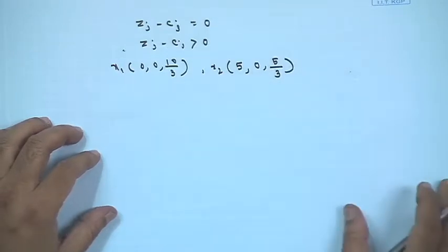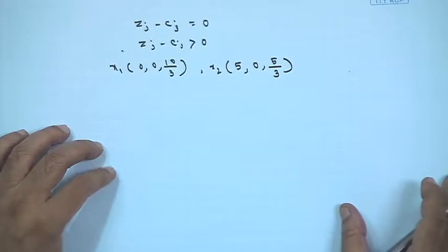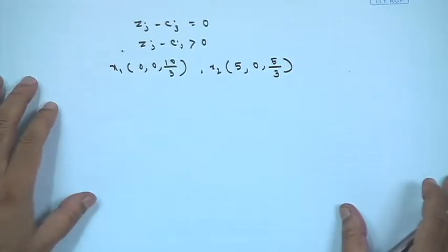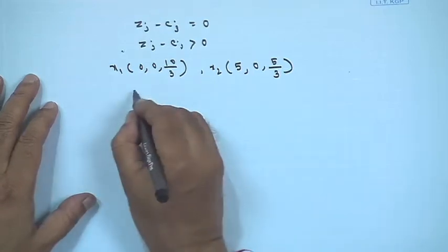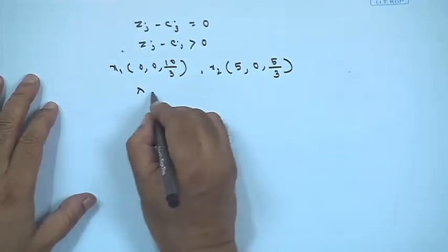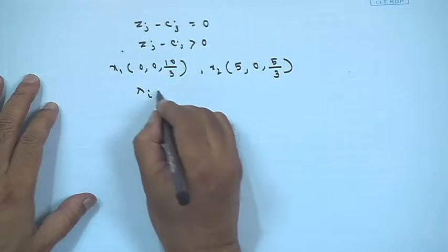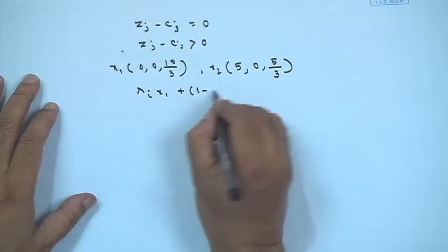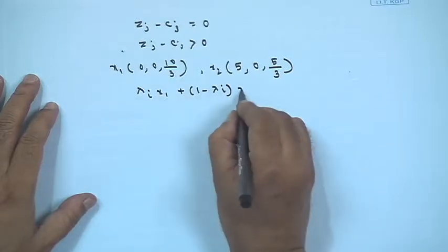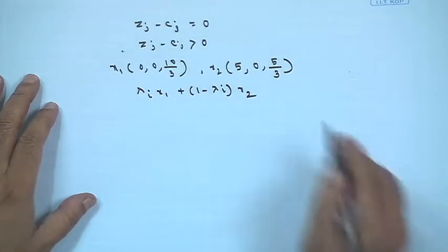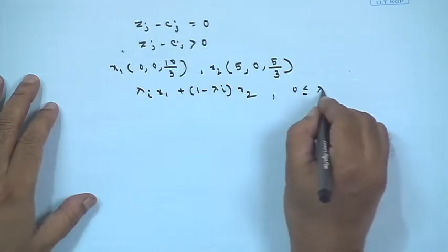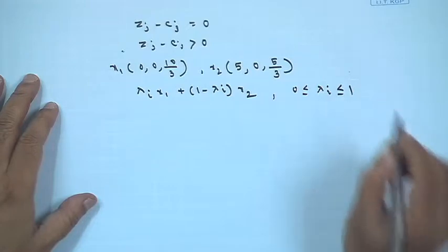So, since these two are the solutions, any convex combination of these two will also be a solution of this one. That is, any convex combination means lambda into x1 plus 1 minus lambda into x2. That will also be a solution where lambda lies between 0 and 1.